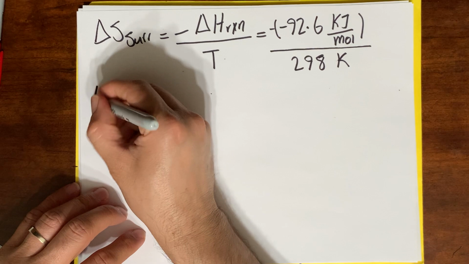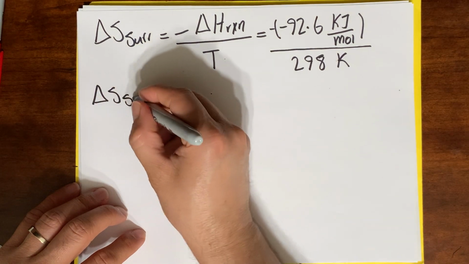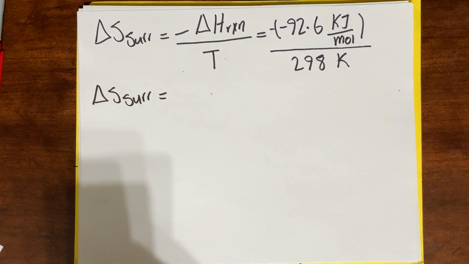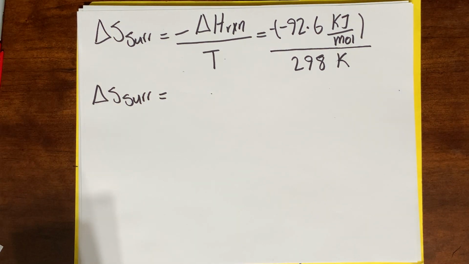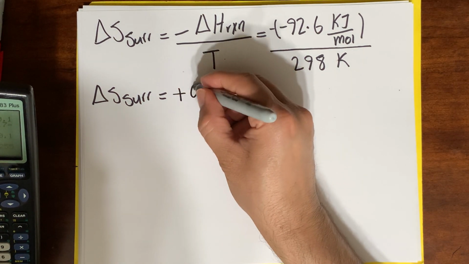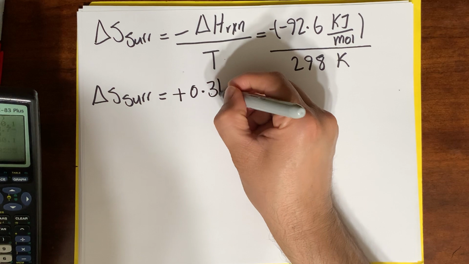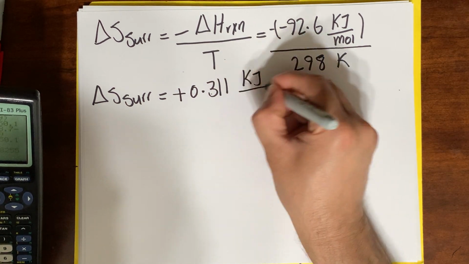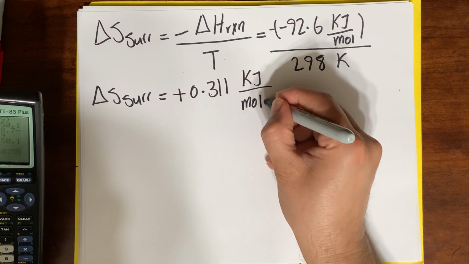So we get delta S of the surroundings equal to 92.6 divided by 298 kilojoule over mole Kelvin.